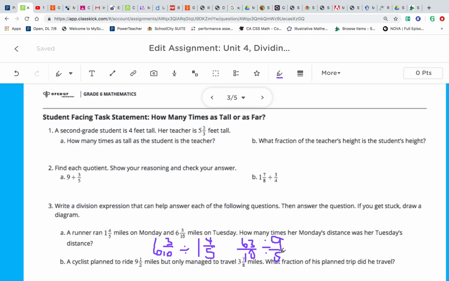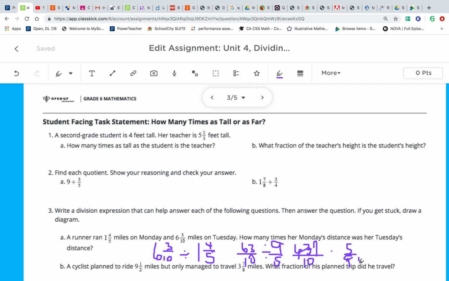We want to realize that if we're dividing by a fraction, we can change it to multiplication and flip that second fraction upside down. So 63 tenths times 5 over 9. And we definitely want to look for cross-canceling opportunities here. 63 and 9, yep, they are going to cancel, right? This is going to become 7 over 1.